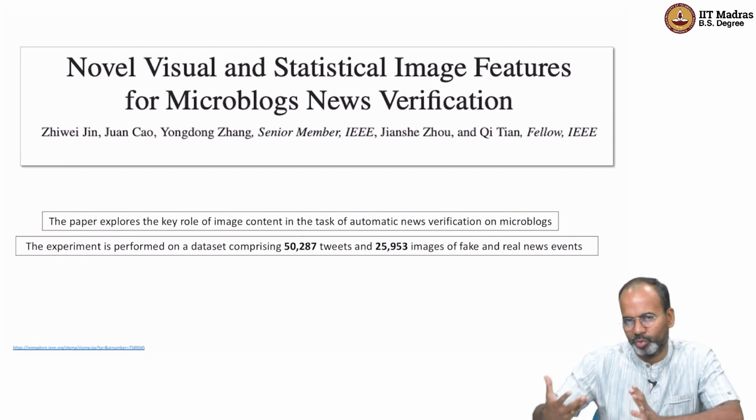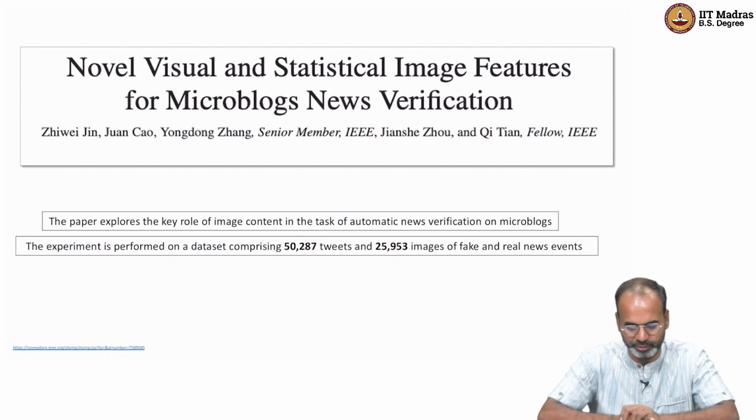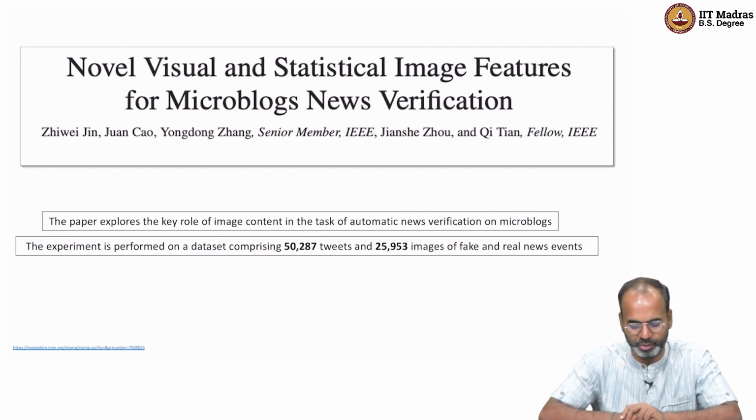Again, to show you some work, not a representative work, but just to help you understand what kind of methods people have used. This paper explores the key role of image content in the task of automatic news verification on microblogs, like Twitter.